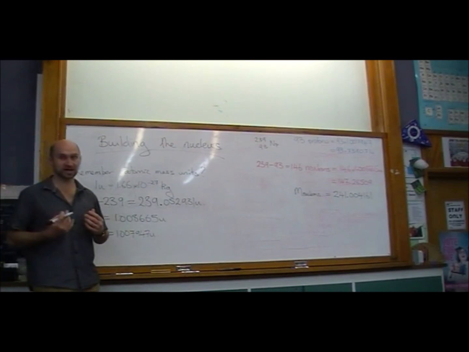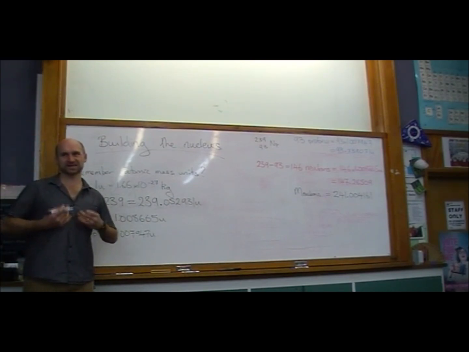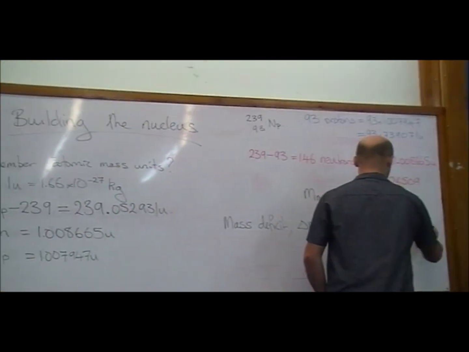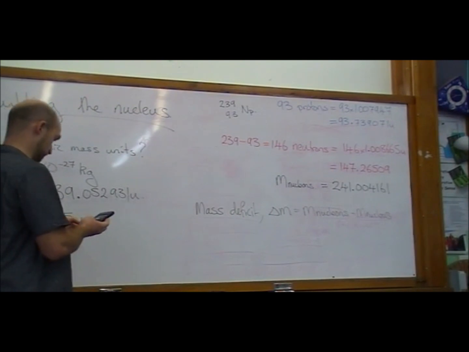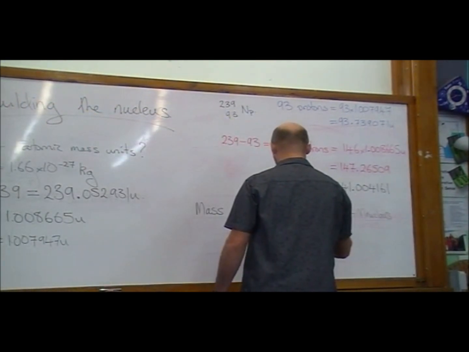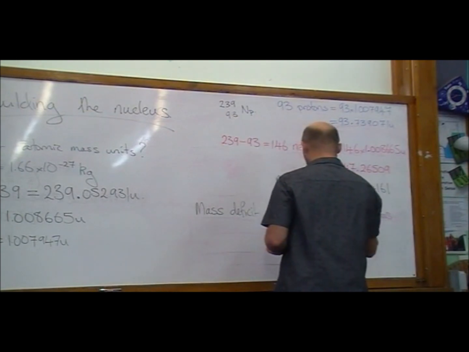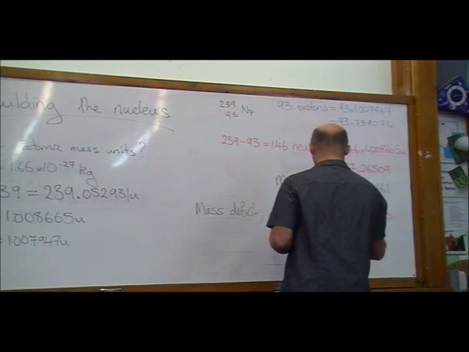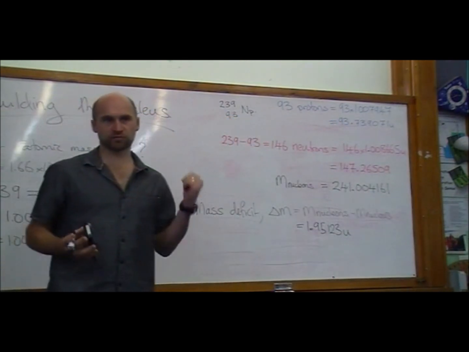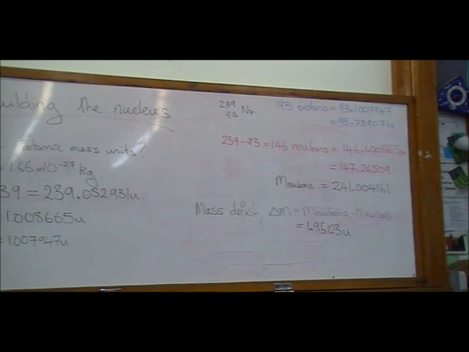And so that allows us to calculate what we call the mass deficit of the nucleus. So we've got a mass deficit of 1.95123 atomic mass units. So notice that right up until this point we've been working in atomic mass units.